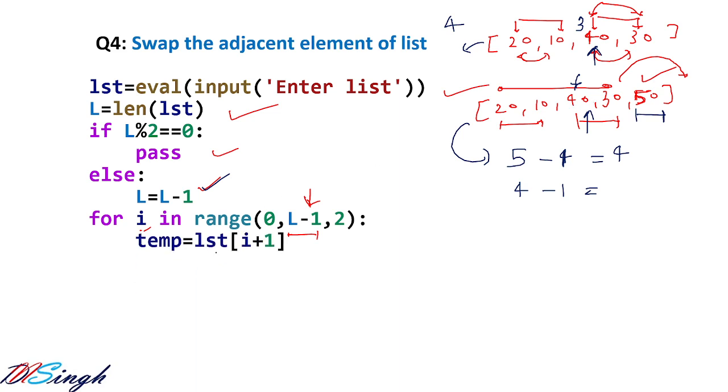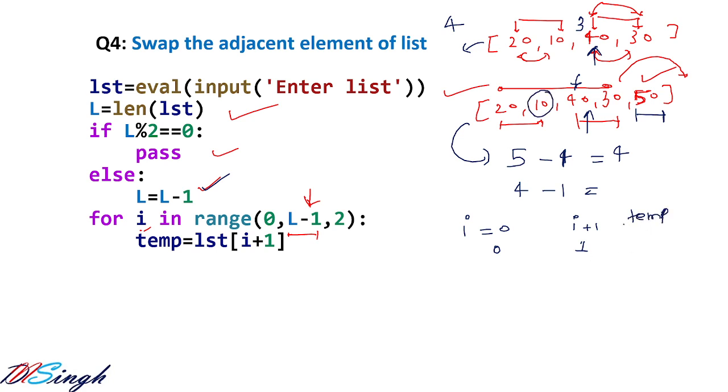Let us see. Then we have taken a temporary variable where we have stored the value of i plus 1. So if your i is 0, then i plus 1 is going to be 1. So for the first iteration, this is going to take this 10 and store it inside the temp variable.